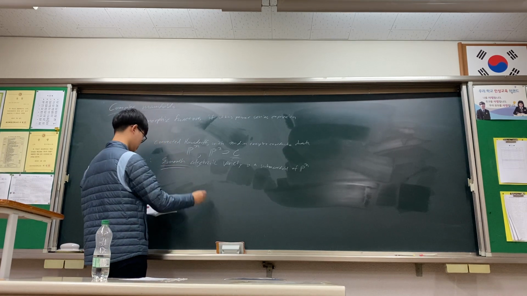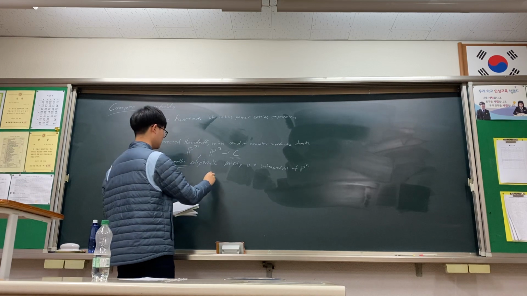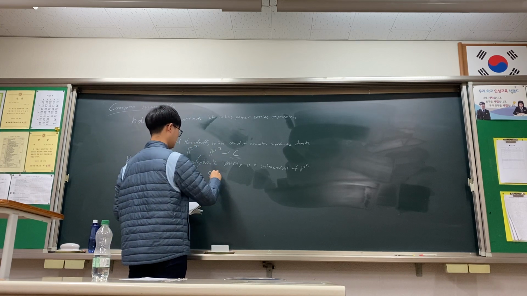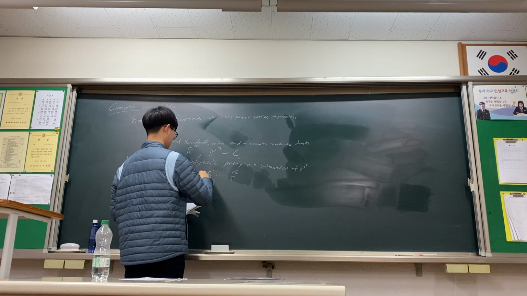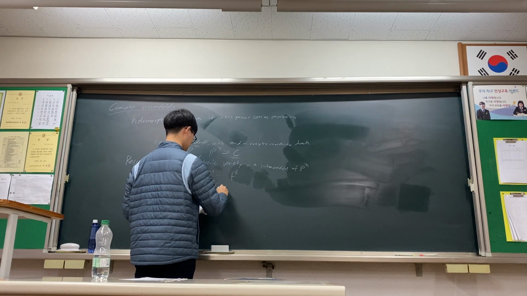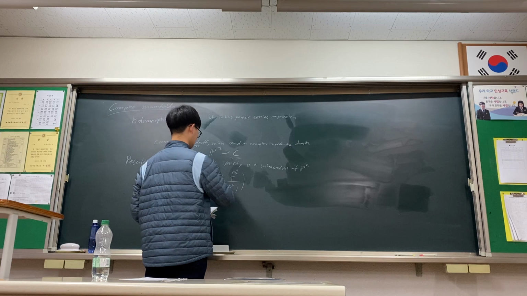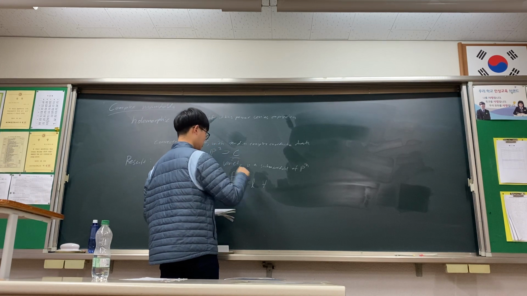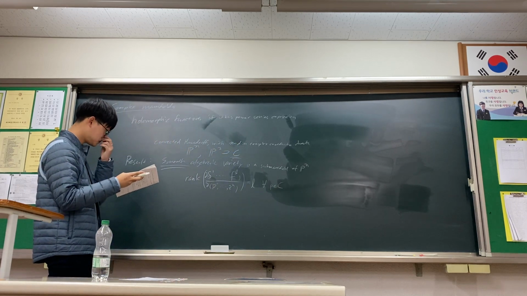What I mean by smooth is that the algebraic variety on a complex open set of a projective space can be expressed as a solution of, say, F1 to Fm, with rank equal to n for all the points inside the variety.